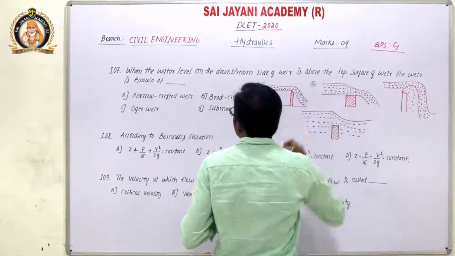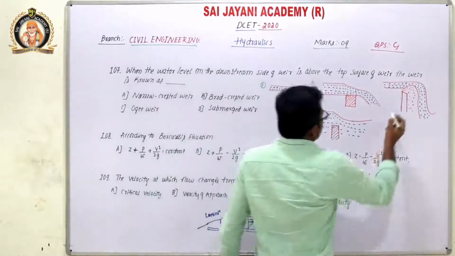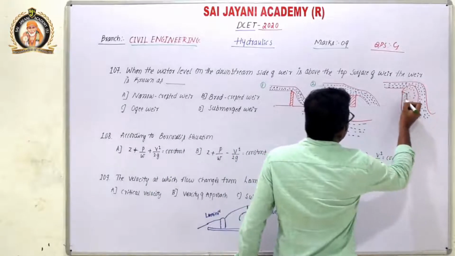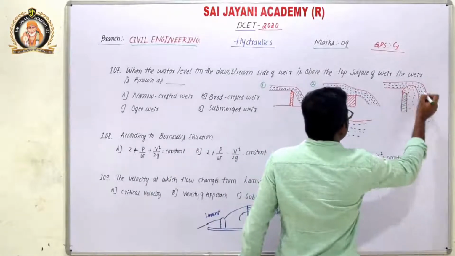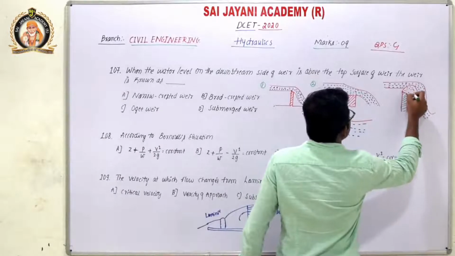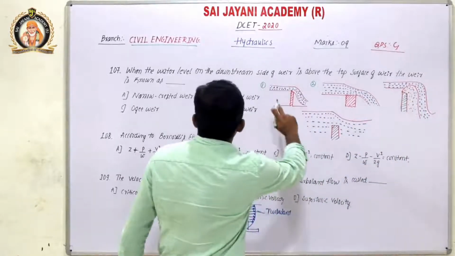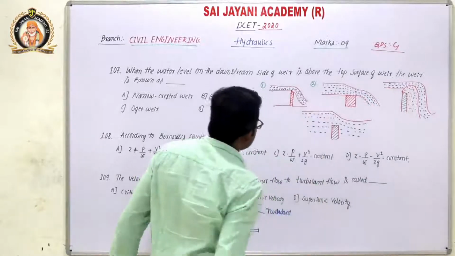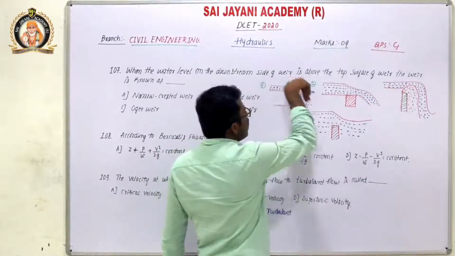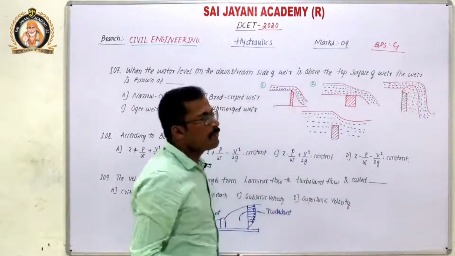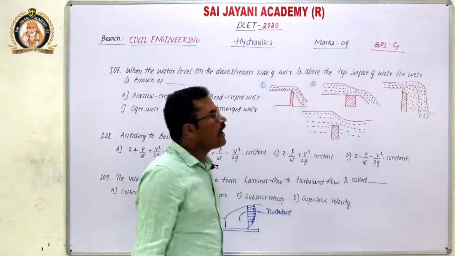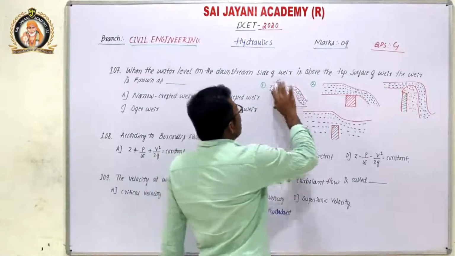If the weir is attached to cement concrete, see, in narrow crested or broad crested weirs, the flow of water, the flow of nappe or sill is like this.